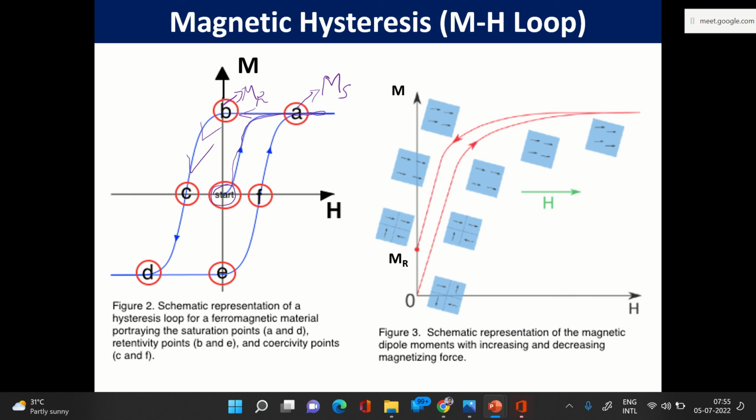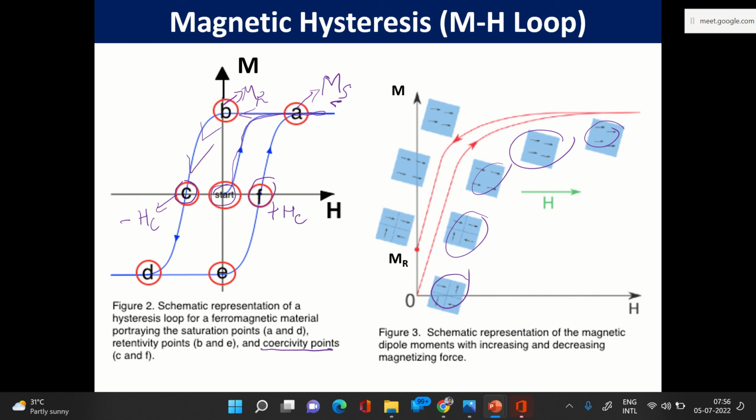To make that magnetization zero, you need to apply a field on the negative side. So this is HC, the coercive field. C and F are the coercivity points, minus HC and plus HC. That's how we talk about this.